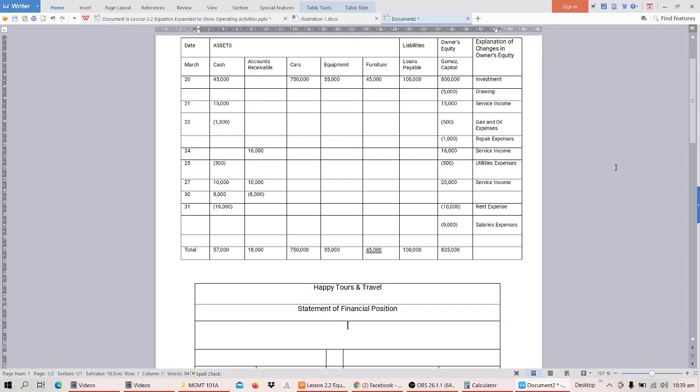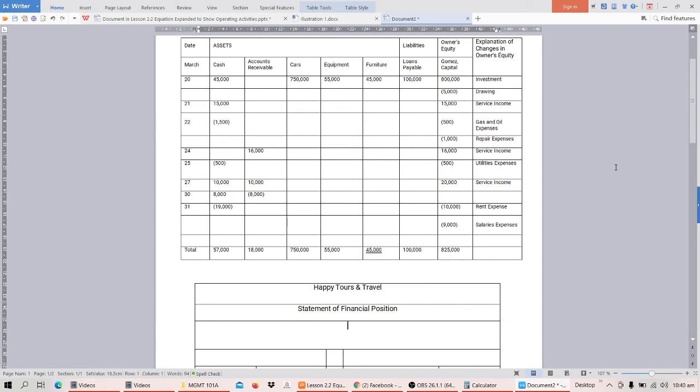So again, this kind of time period is still an interim period because it's only one month financial transactions. Okay, so if it is a year, it would be a calendar year period. If it starts with January 1st to December 31st, this is a calendar period.